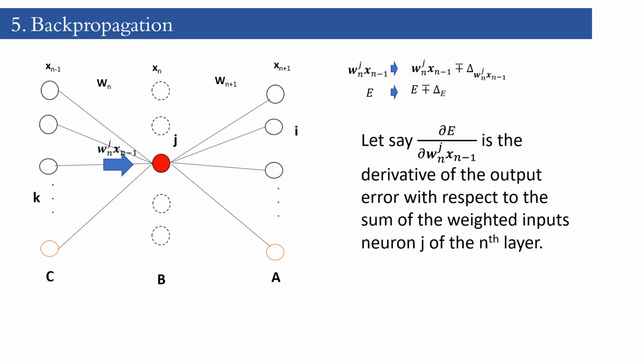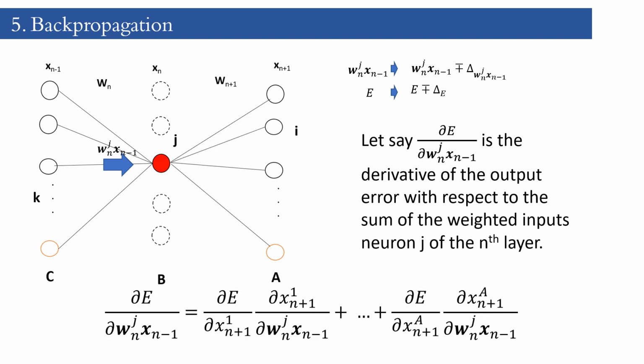As the contribution to the error from node J has to propagate to the output through its connections to the next layer, the error should be a function of the values we get in the next layer. This means we can use the chain rule in differentiation to express the derivatives as the sum of the derivatives in the next layer.